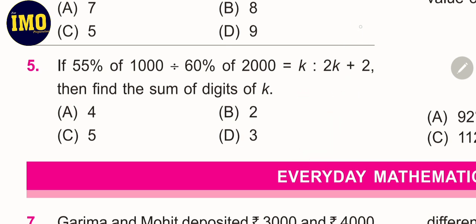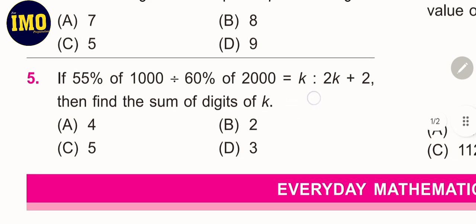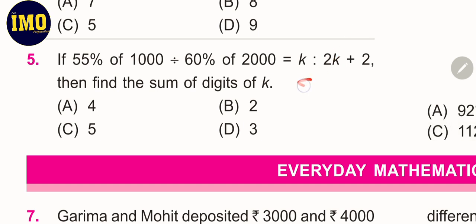So first of all, the value given is 55% of thousands. This is around 550, if I'm not wrong. Divide by 60, it means what? Percent of this value. So zeros cancel, and yeah, we got, I think, 1, 2 and 2 zeros are there.